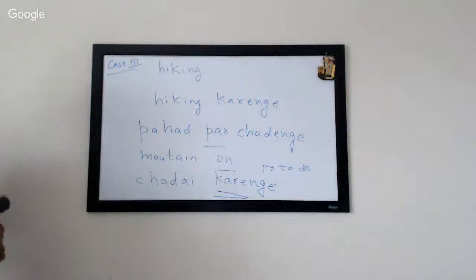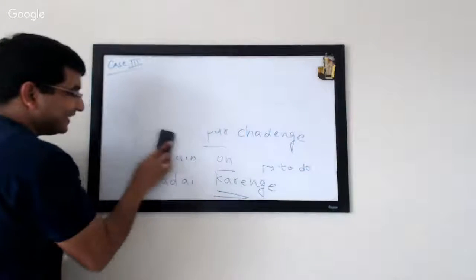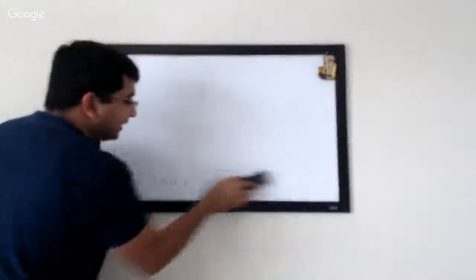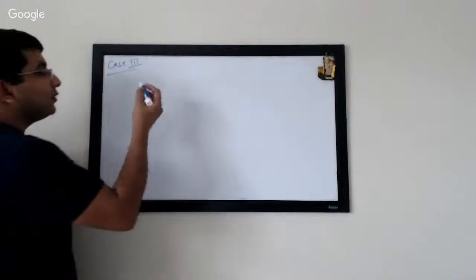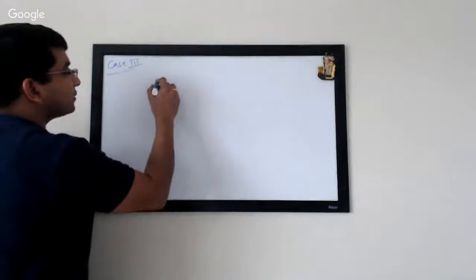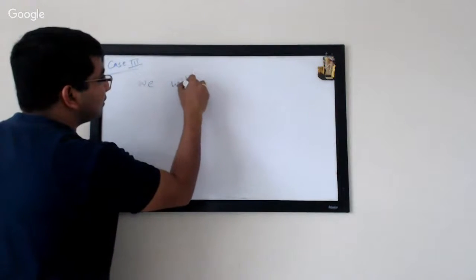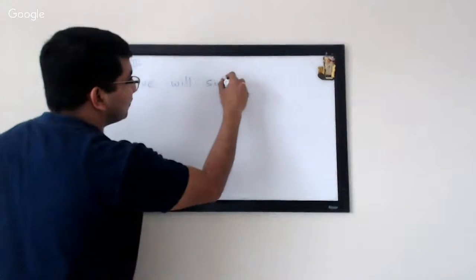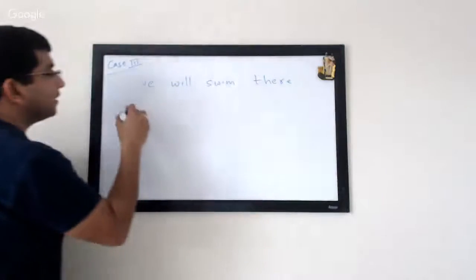Okay. Let me take some of the easier ones, so we can get some more confidence here. Let's say when you're going to Kerala, you want to do some swimming activities. So you want to say we will swim there. Okay.